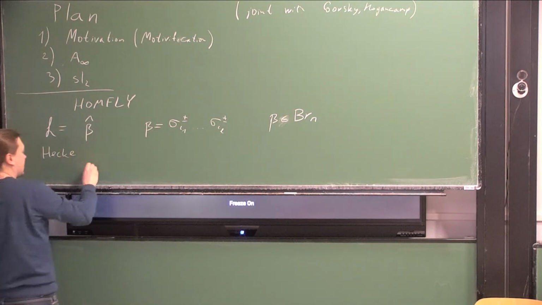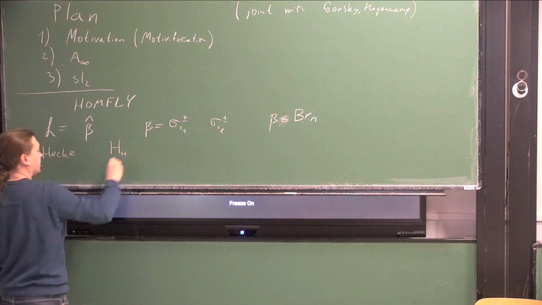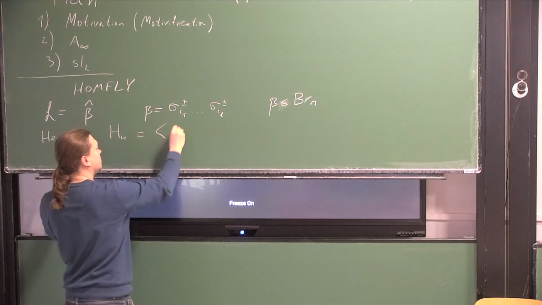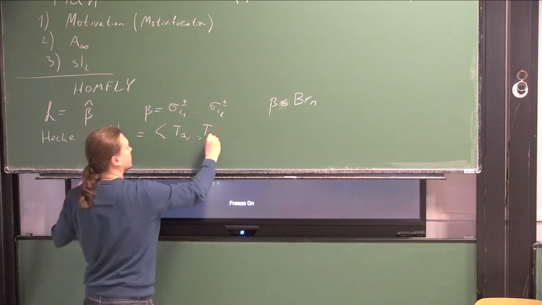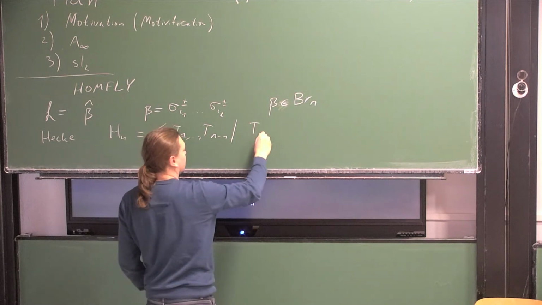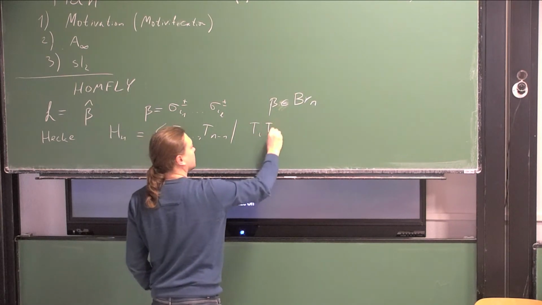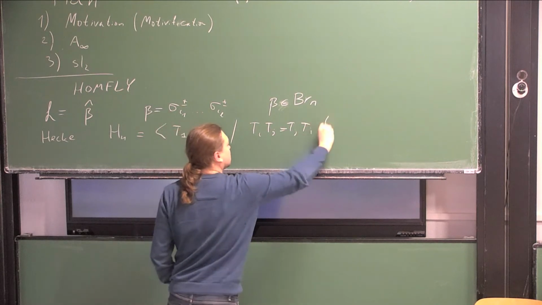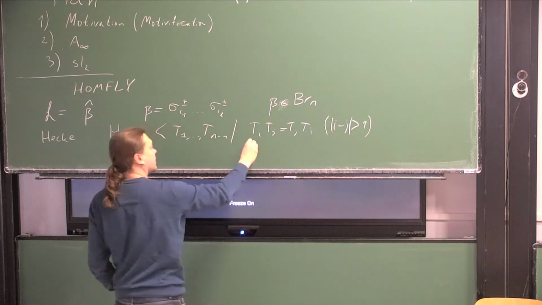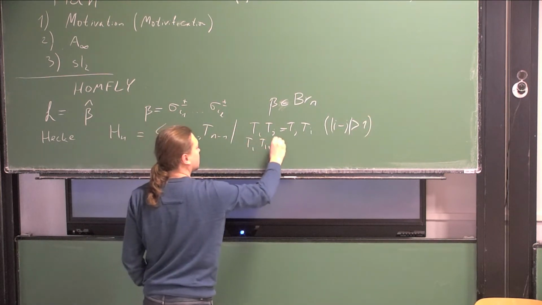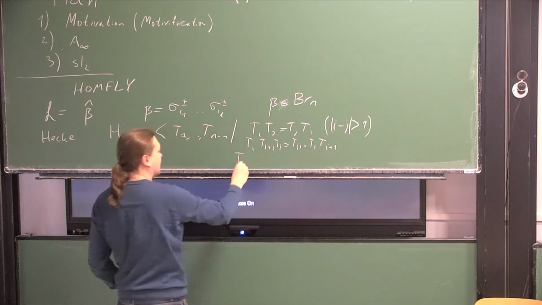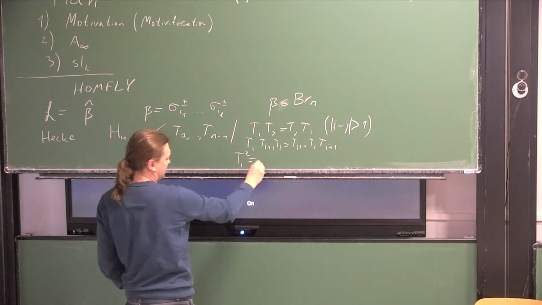And then there is this Hecke algebra, and you know it's generated by T_1 through T_{n-1}, and the relations are, okay, the one is sort of like this, and then the braid relation, and the quadratic relation, which I like to write something like this.